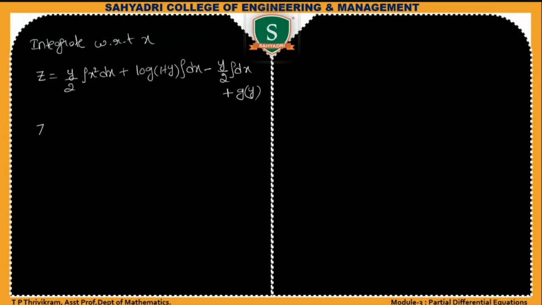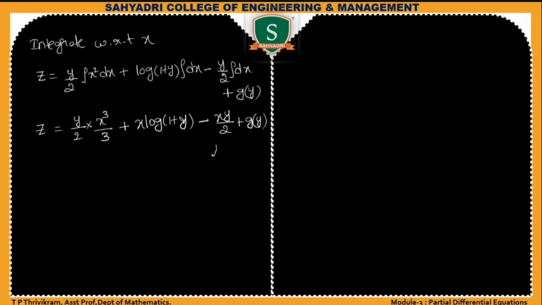So z is equal to y by 2 into x cube by 3 plus, here the integration of dx is nothing but x log of 1 plus y, minus xy divided by 2, plus g of y.